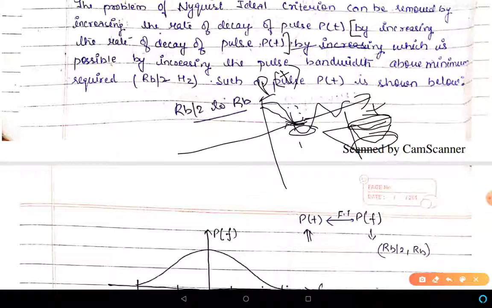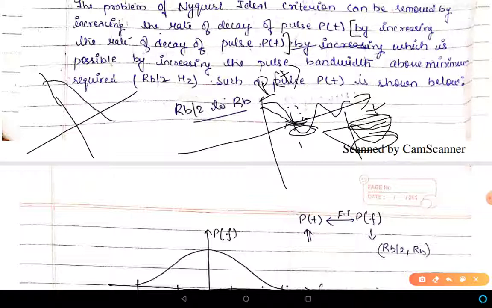Even though I have a timing jitter, the effect of ISI will be reduced. In other words, the situation is like this.